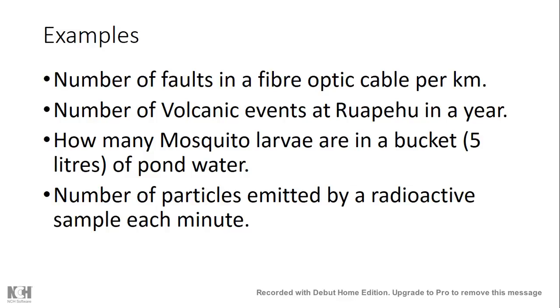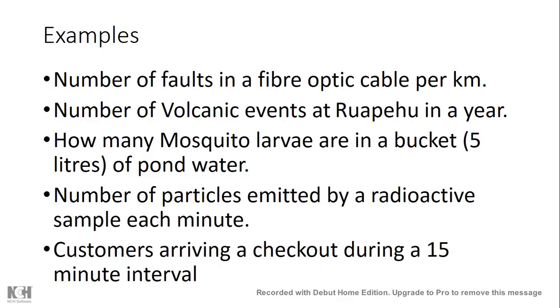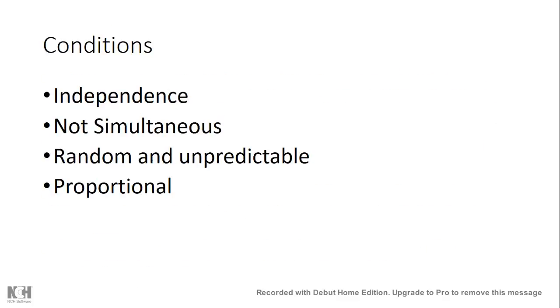These are all continuous measurements. Okay, customers arriving at a checkout. Don't have half customers or third customers or whatever. During a 15-minute interval. So clearly 15 minutes is a time measurement. So yeah, very good. Excellent. Okay, all discrete per continuous. So let's go on to the actual conditions.